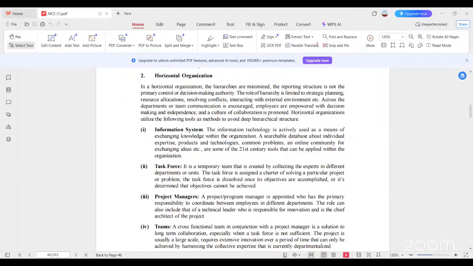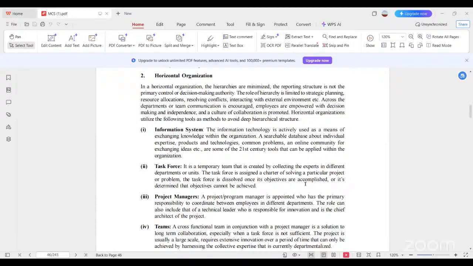Because it responds quickly to changes, it encourages innovation, it reduces delays in decision making, and it improves employee motivation. This structure is very common in startup companies, consulting firms, research organizations, and IT companies.